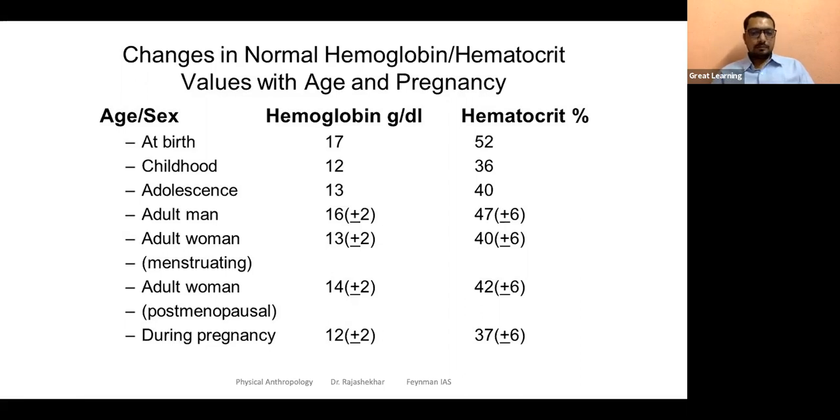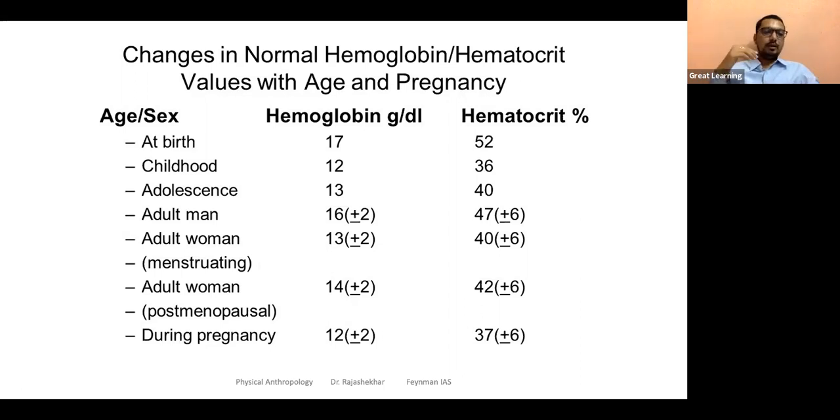And as we grow up, in adult men, we see about 16. This number may be 14 sometimes, or 16 plus or minus 2. Women tend to have slightly less hemoglobin than men, especially women who are menstruating, from about 13 or 15 years to about 45 to 50 years.